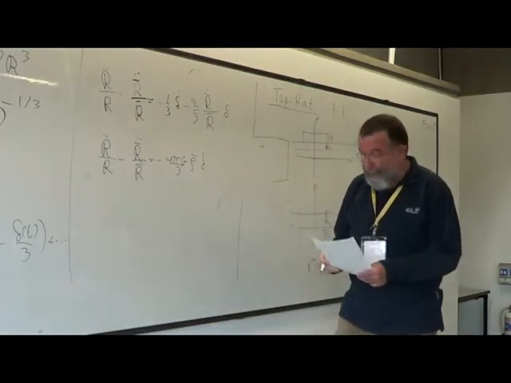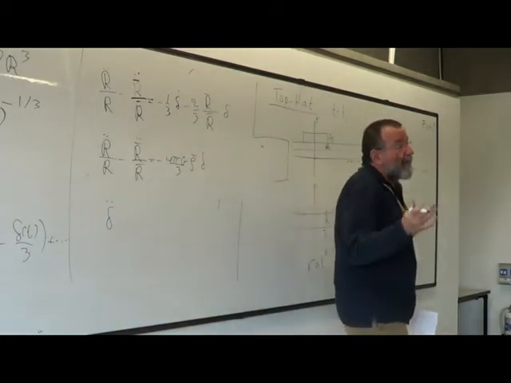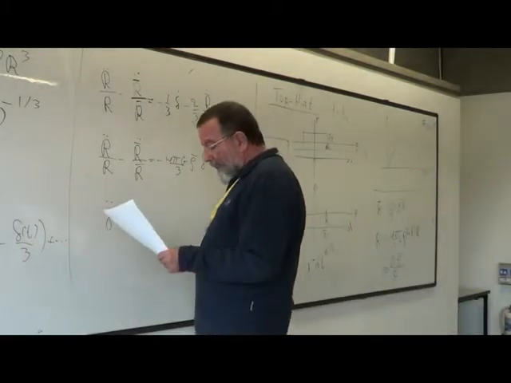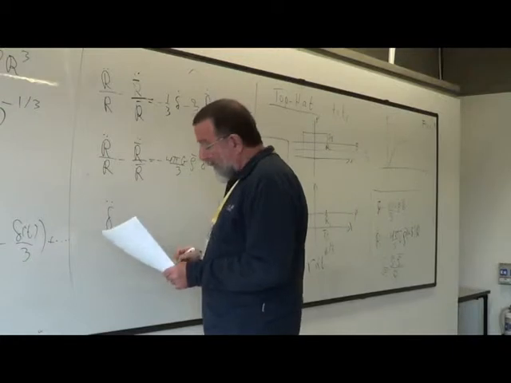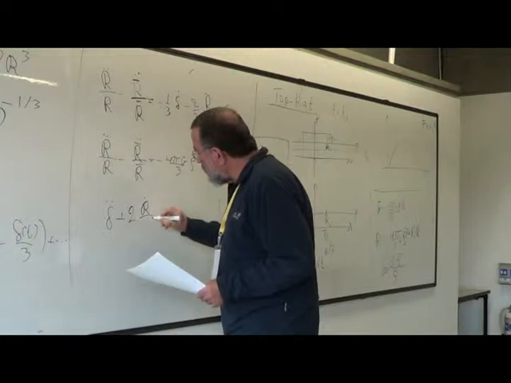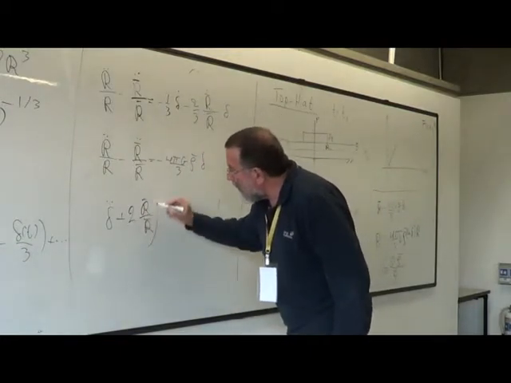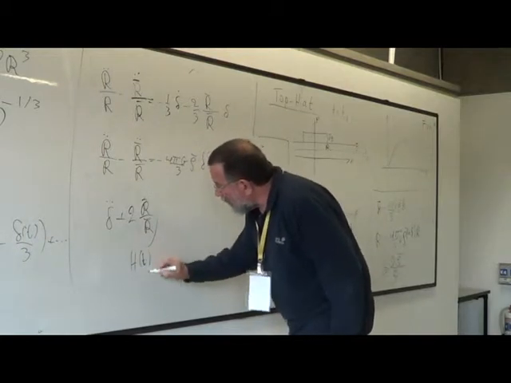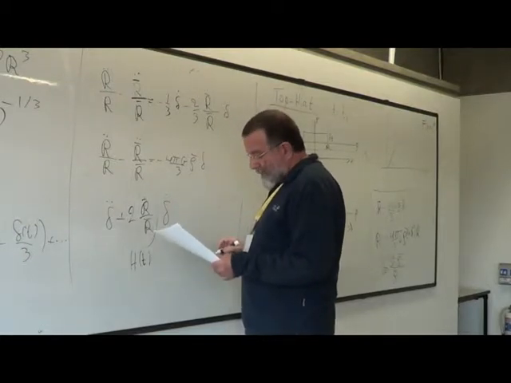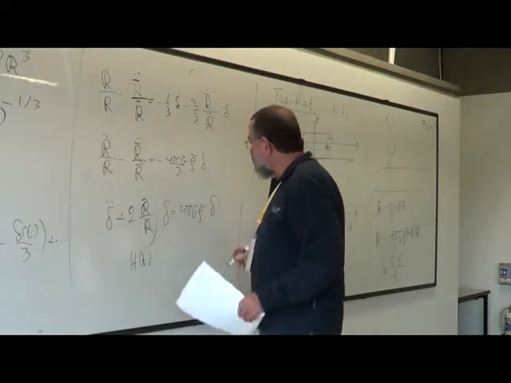We can combine them, and what we get at the end is one of the most famous and important equations in structure formation. We write it here: delta double dot, the second derivative of delta, plus 2 R bar dot over R bar, which is nothing more than the Hubble constant as a function of time, times delta dot, equals 4 pi G rho bar delta.